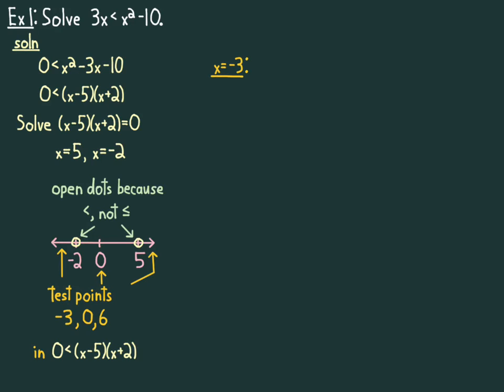So I'm going to try x is minus 3. Notice how I wrote down what I'm testing and even underlined it and put a colon by it to set it off. Okay, I recommend doing that. And then we plug in the numbers, and you can see it's negative times a negative, which will be positive, which is what we wanted.